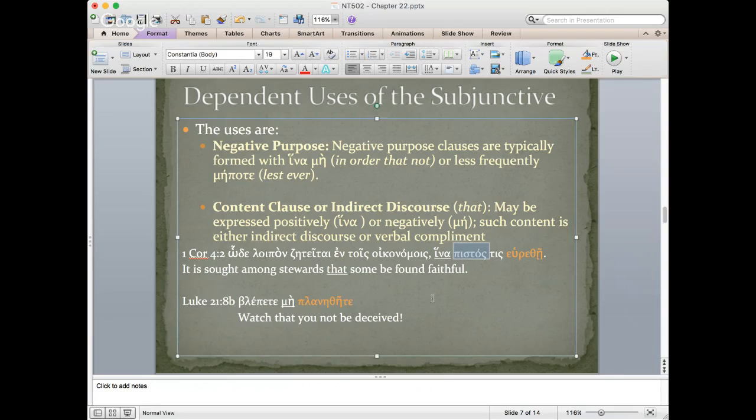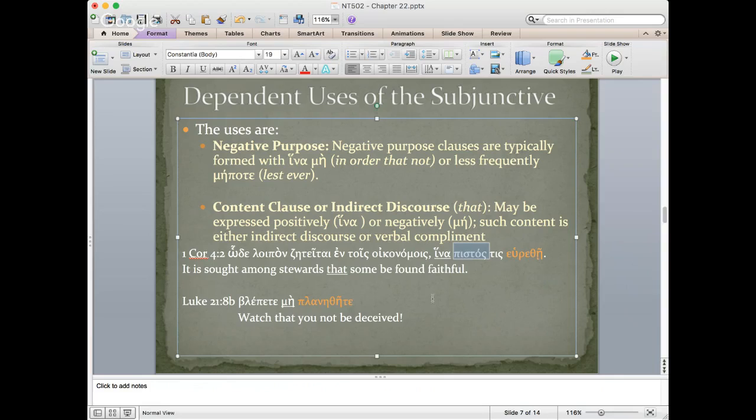I'm pulling from Long here. Sought among the housekeepers, the stewards. I think what he's suggesting here is that this is maybe another purpose. The purpose of seeking this among the stewards is that some can be found faithful.